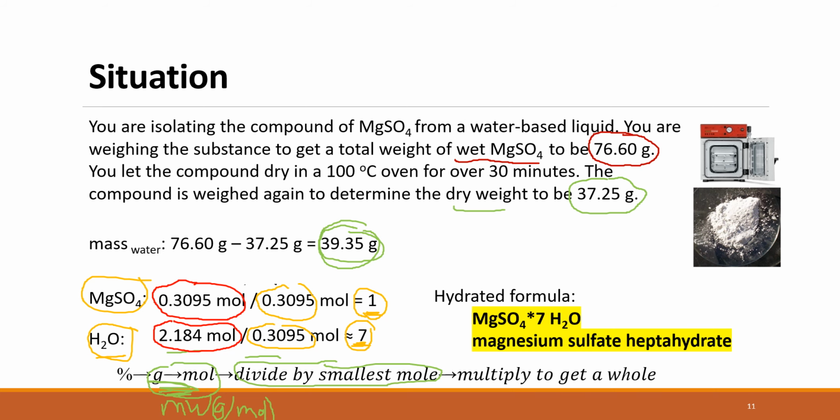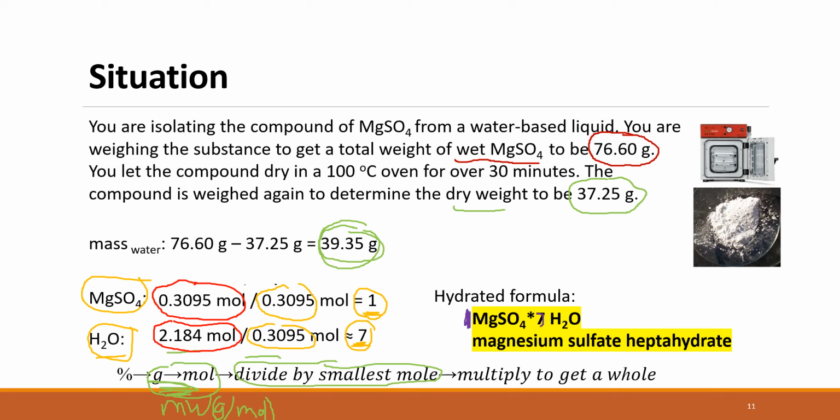So the formula is then going to be 1 magnesium sulfate. Notice we don't put the 1 there since there's only 1 of them, it's assumed, per 7 of the waters. That's why we have 1 MgSO4 times 7 H2O. To name it, we name the ionic compound first, magnesium sulfate.